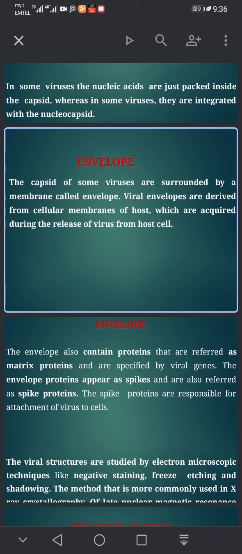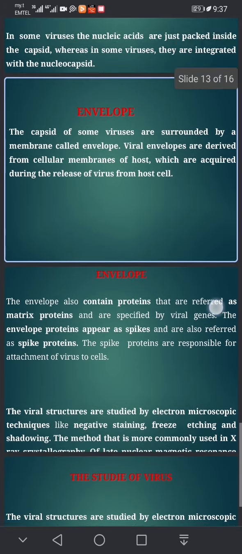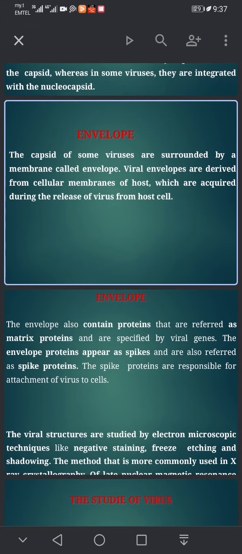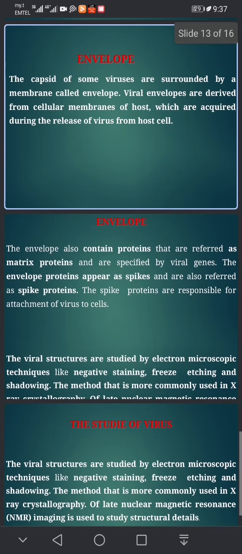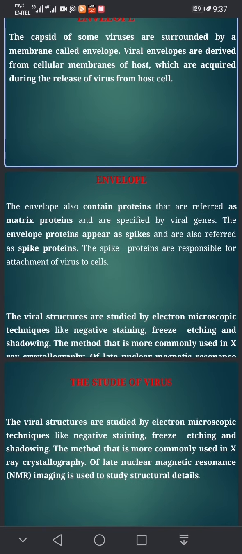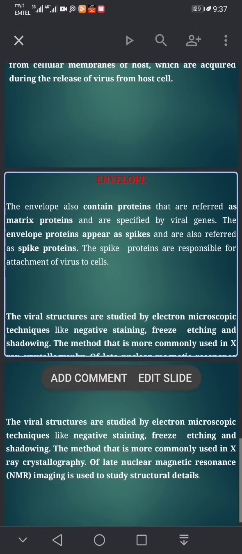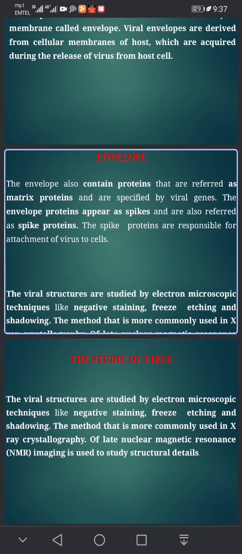The viral envelope is derived from the cellular membrane of the host, acquired during the release of the virus from the host cell. The envelope also contains matrix proteins, viral genes, and also spike proteins, which help the virus to attach to the host cell.